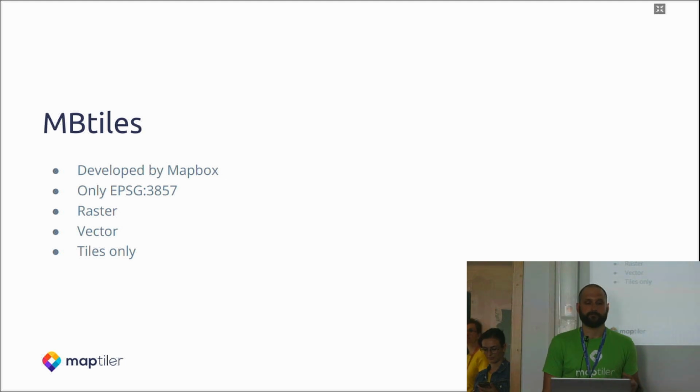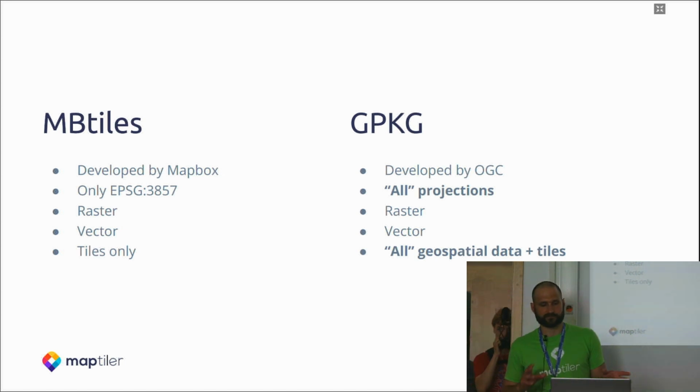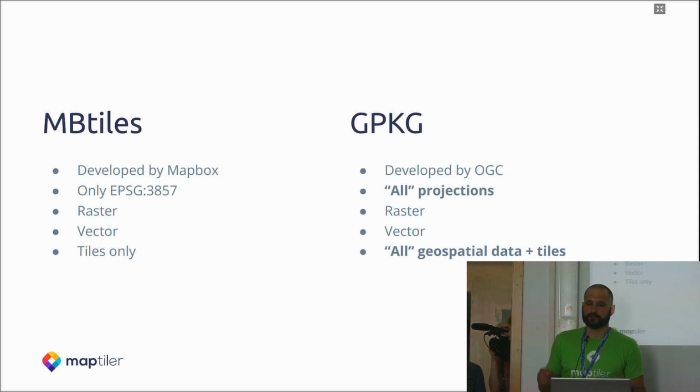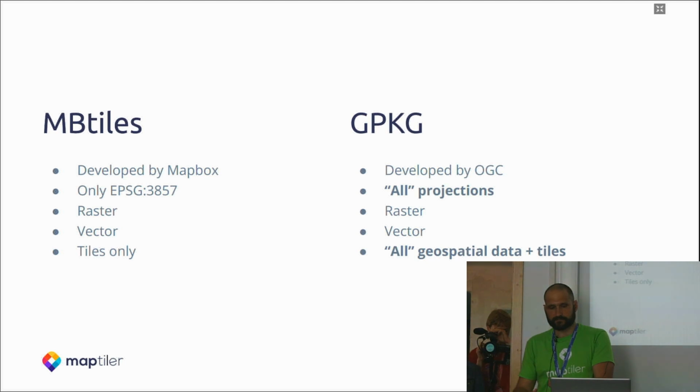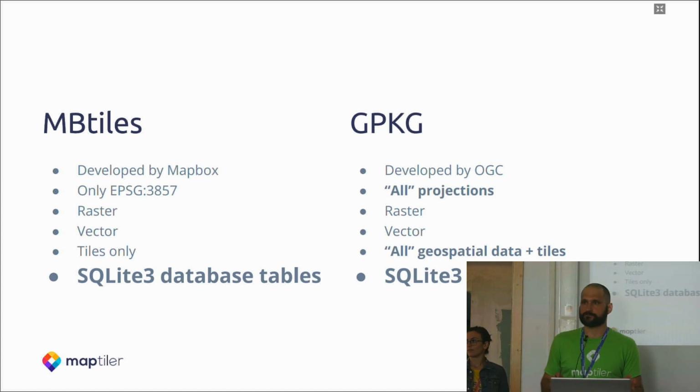It supports only tiles, while OGC GeoPackage is more universal. It supports virtually all projections, raster and vectors as well, and you can have tiles as well as source data like vectors or rasters in one file, in one database. But both of them are based on SQLite 3, so you can pick whatever you want and they will probably be similarly fast and similarly big.